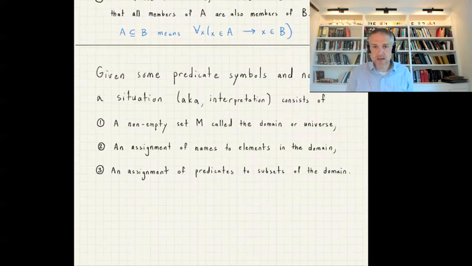So given some predicate symbols, relation symbols, possibly names, a situation is going to require us to give two things, although the second, we'll see, is put together here as 2 and 3. The first thing in a situation is you need to give a domain. That is going to be what is out there. To be able to describe a situation like this is like having godlike power, because you don't have to assume a situation as you describe it is real.